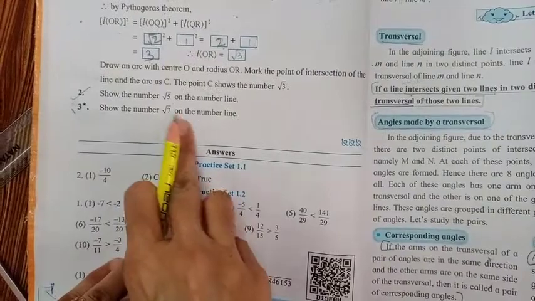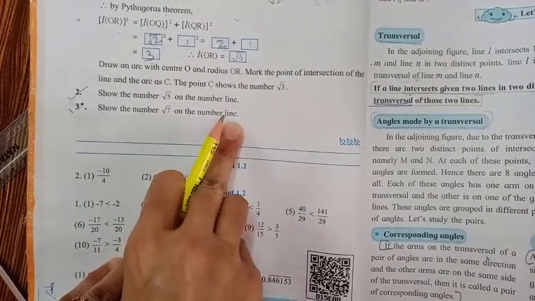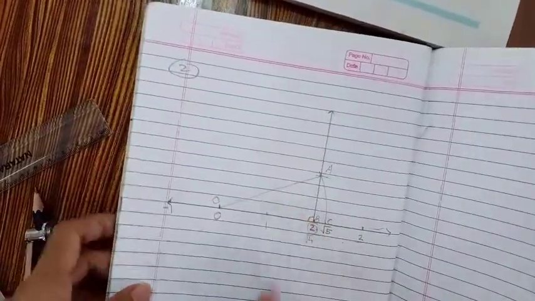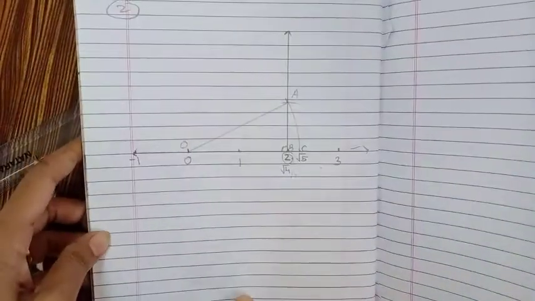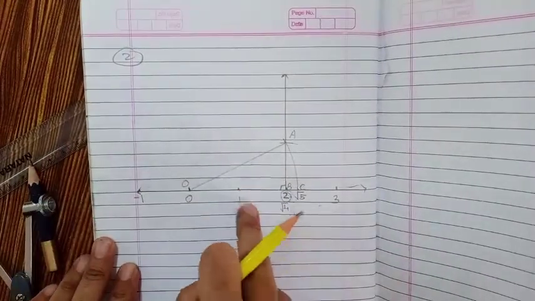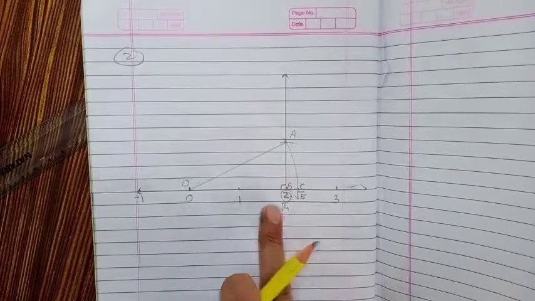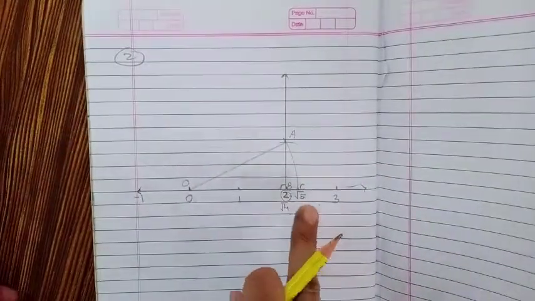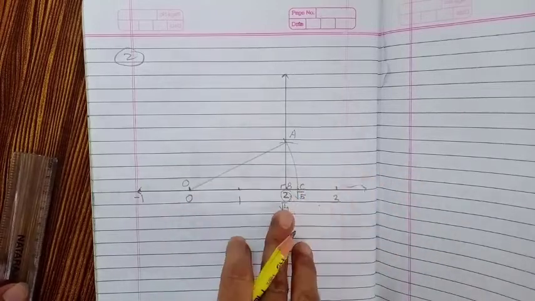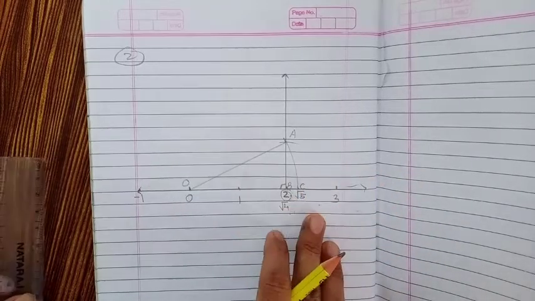Now show the third one. Show the number root 7 on the number line. Same as the second, again repeat here. I am showing you in this second construction, and here I am continuing the root 7 construction.